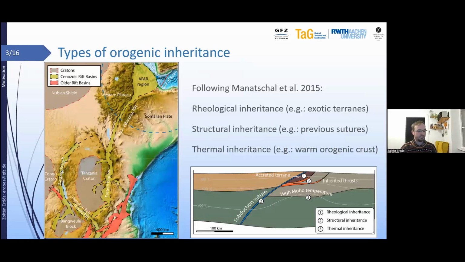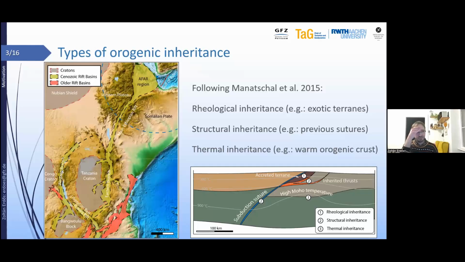So there are different types of orogenic inheritance. Manatschal et al. classified them into three different groups: rheological inheritance, structural inheritance, and thermal inheritance. Since they get generally heavily overprinted over time, and especially the thermal one, they can be transient as well.